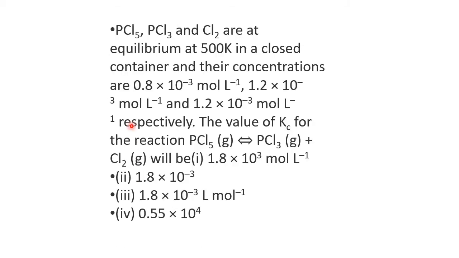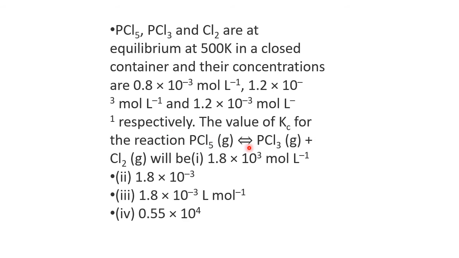PCl5, PCl3 and Cl2 are at equilibrium at 500 Kelvin in a closed container, and their concentrations are 0.8 into 10 to the power minus 3 mole per liter, 1.2 into 10 to the power 3 mole per liter, and 1.2 into 10 to the power 3 mole per liter respectively.